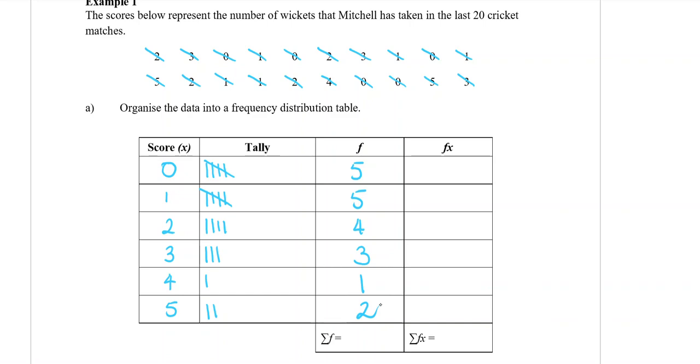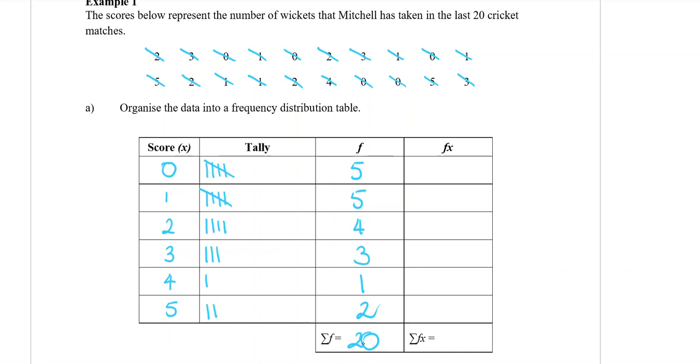It means sum. We are going to sum the frequency. So you get your calculators out, and you go 5 plus 5 plus 4 plus 3 plus 1 plus 2 equals 20. Good.